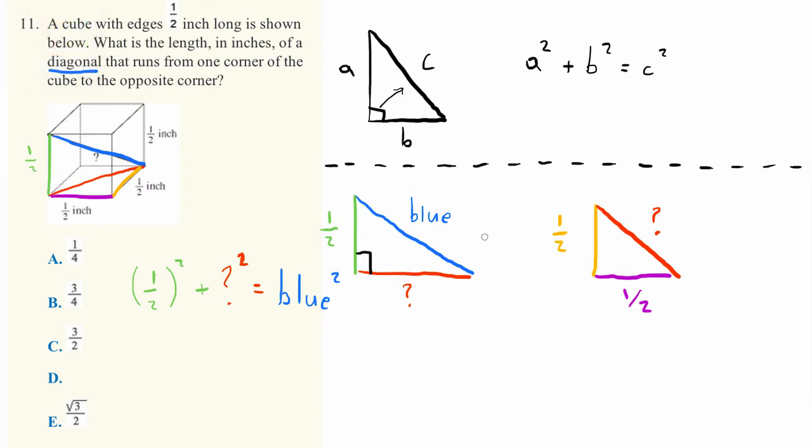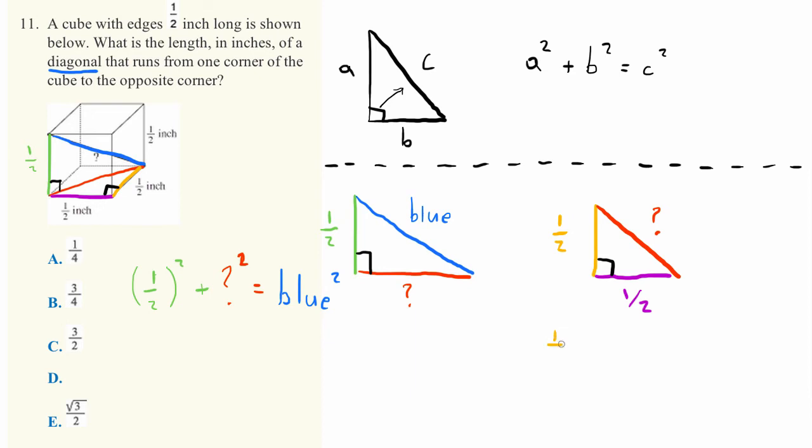We know both of these are right triangles because a cube is composed of 90-degree angles. This angle is a 90-degree angle, and the angle between the green line and the red line is also a 90-degree angle. Now it's pretty much an arithmetic and algebra problem.